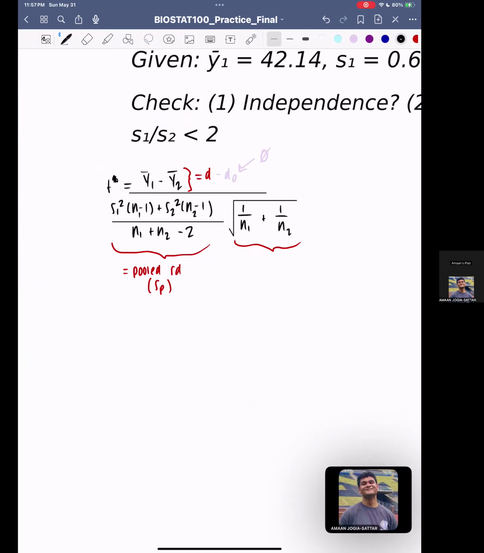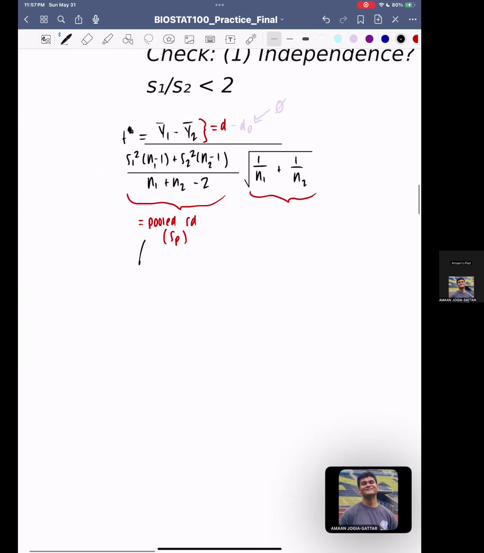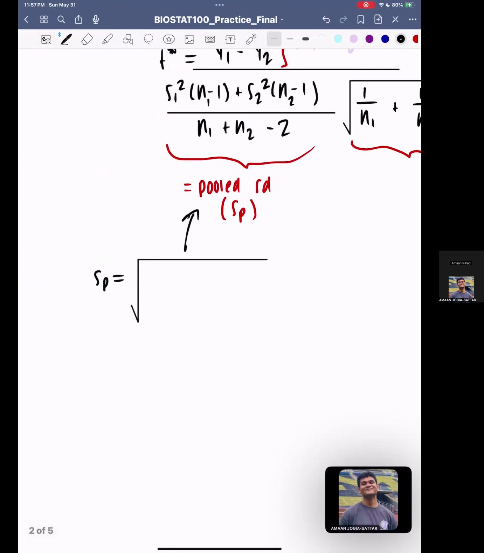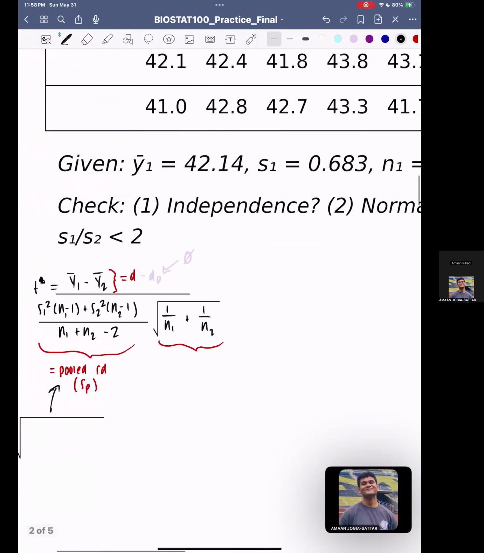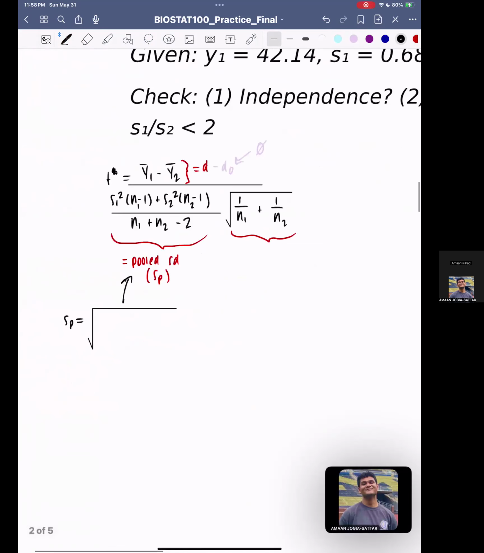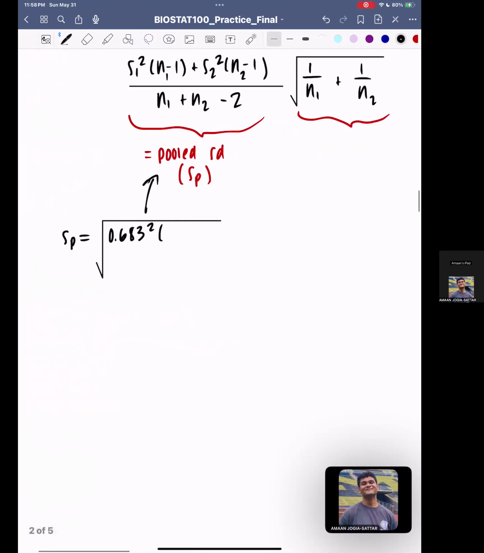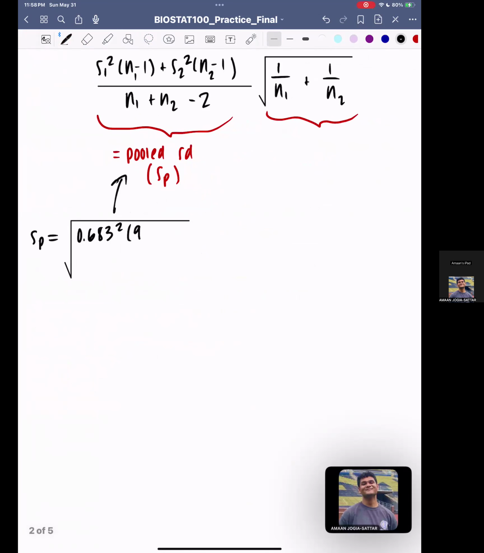And so the way that I would start this is by working on this quantity, which is Sp. Sp equals, in our case, we have S1 squared, which is going to be, let's see, 0.683 squared, times n1 minus 1, which is just 10 minus 1 because we have 10 samples, so it's going to be 9.